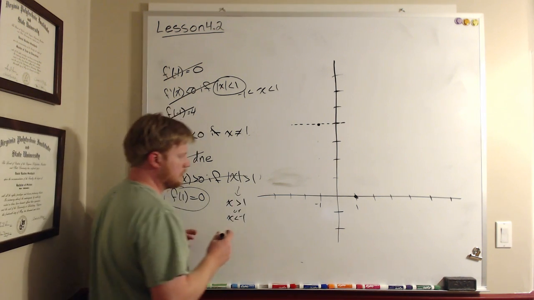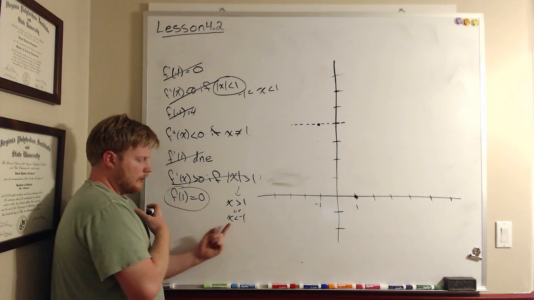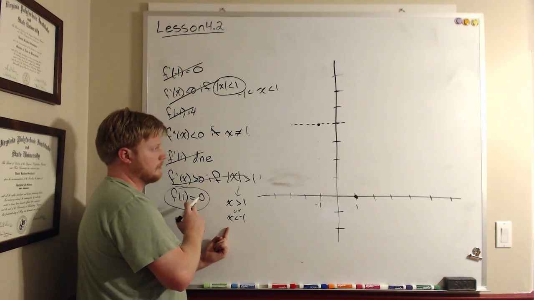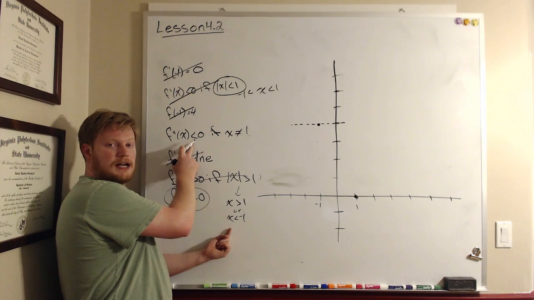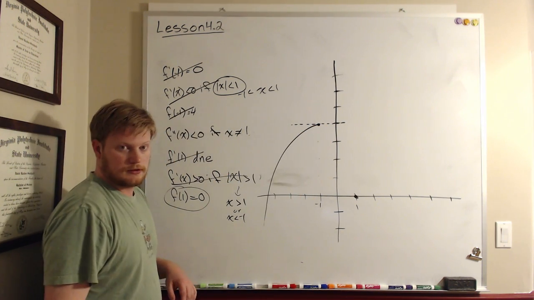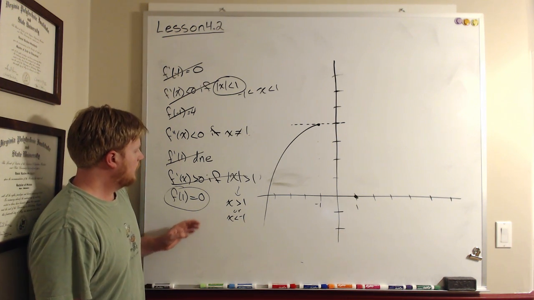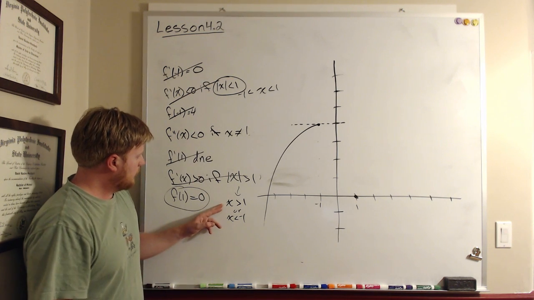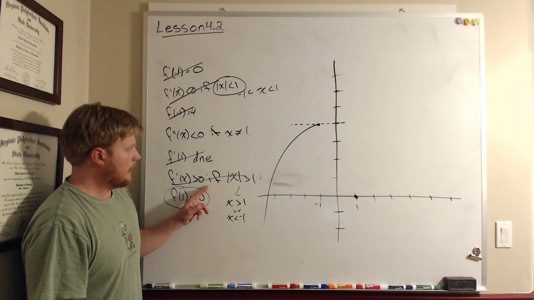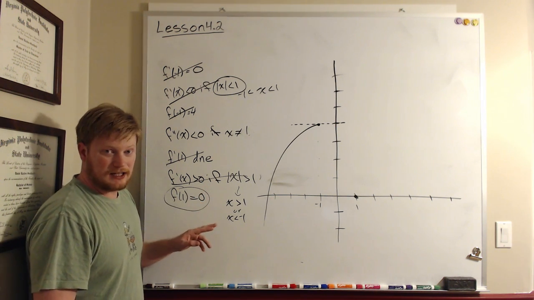Okay. So let's see. Let's put this all together. On this side of -1, I have to be increasing because the first derivative is positive. And I'm always concave down. So it's got to look something like this. Okay. On that side of 1, I've got to be increasing and concave down.